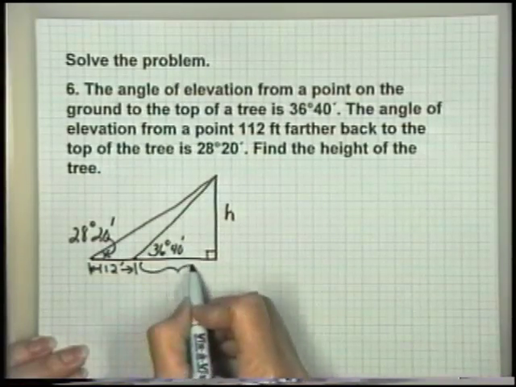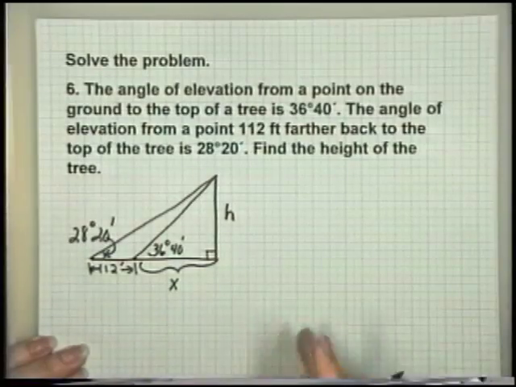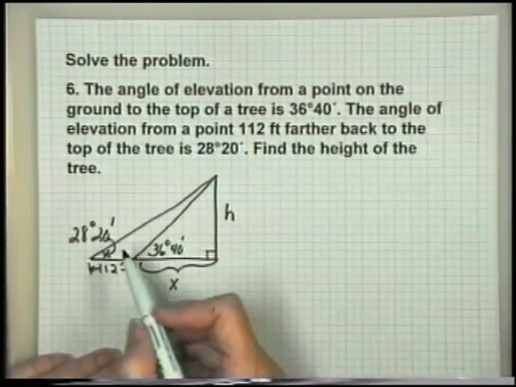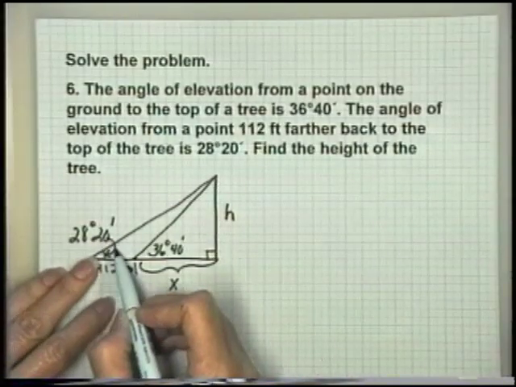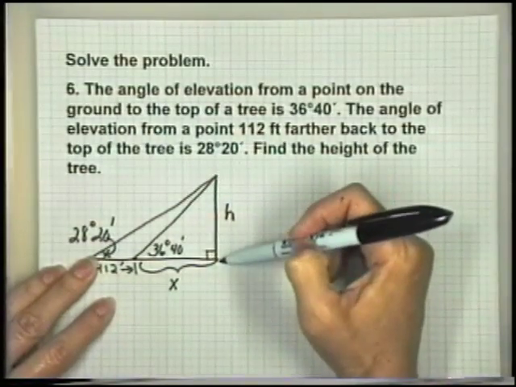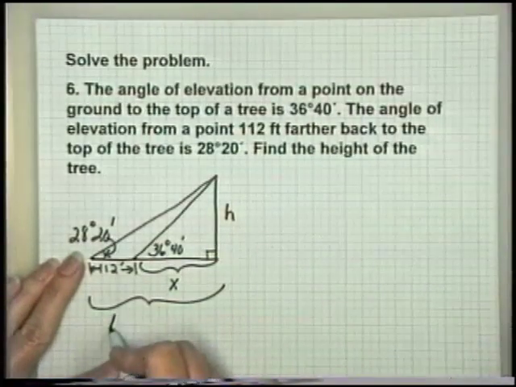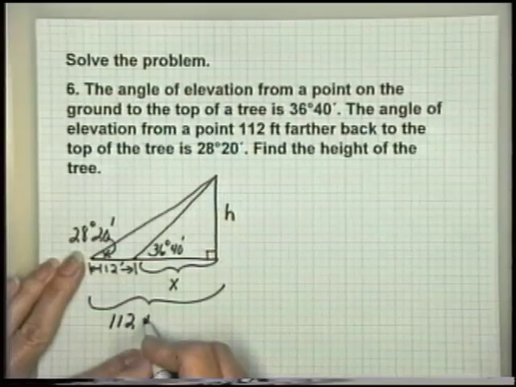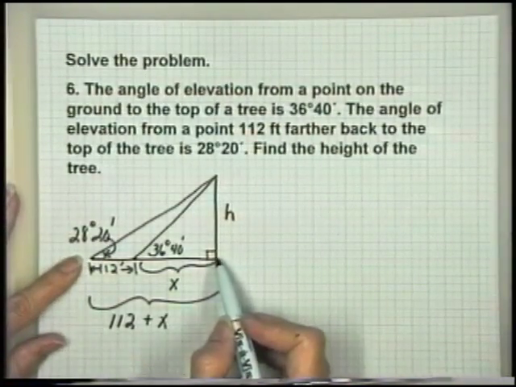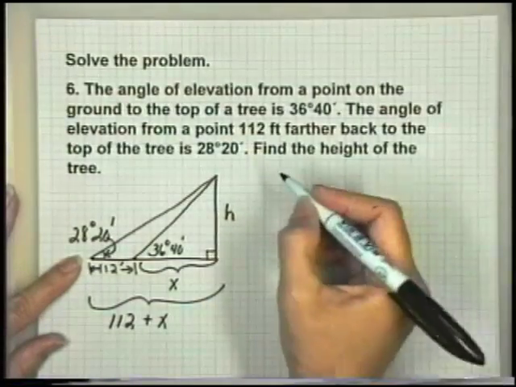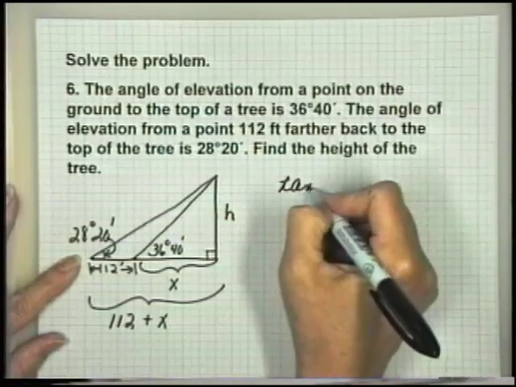2 equations, and we'll let this distance from this point to the tree be the x distance. So when we look at this larger triangle, for this angle, h is opposite, and then this distance, which would be 112 plus x, would be the leg that's adjacent to our angle, which represents tangent function.